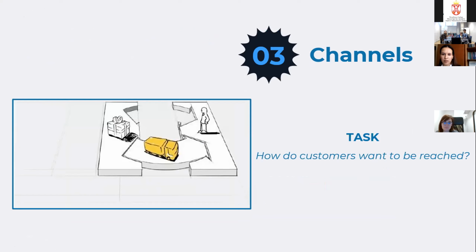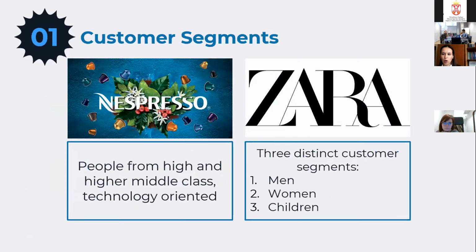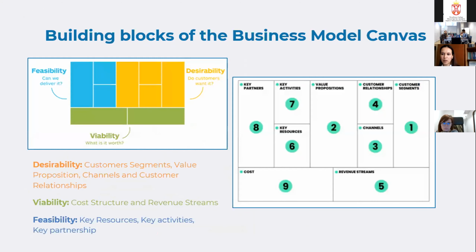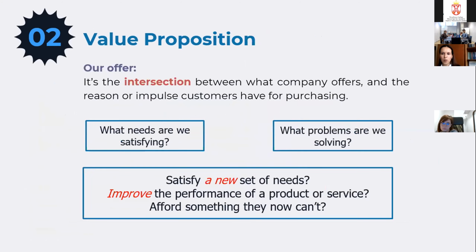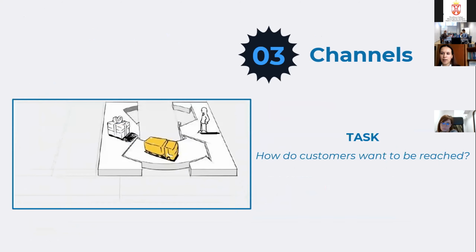We are still on the right side of the business model canvas, and now we will talk about channels. Now we will talk about two blocks of the business model canvas whose role is to connect customer segments and value proposition, to help the entrepreneur deliver the value proposition to the identified customer segments.